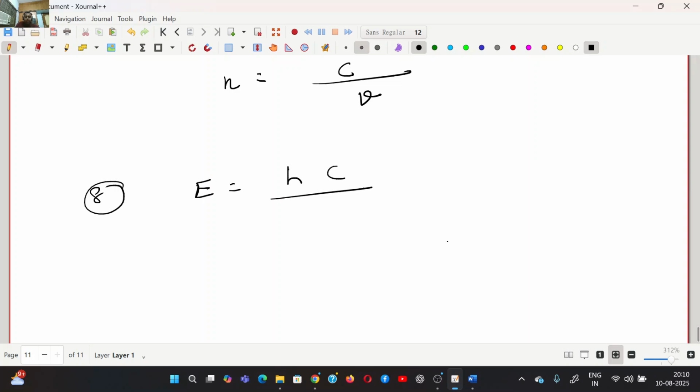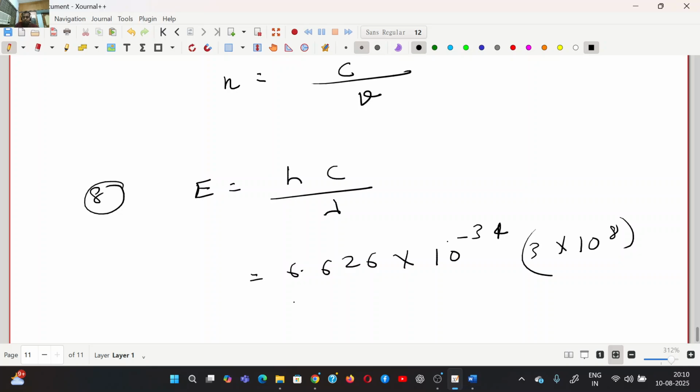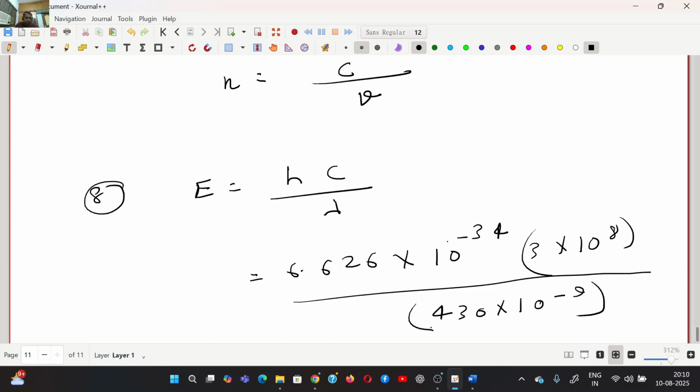For the eighth problem, just apply this equation. E is equal to h into c by lambda. You know h, it is 6.626 times 10 to the power minus 34 in SI unit, of course. C is 3 times 10 to the power 8. Lambda is 430 nanometer or 430 times 10 to the power minus 9 meter.